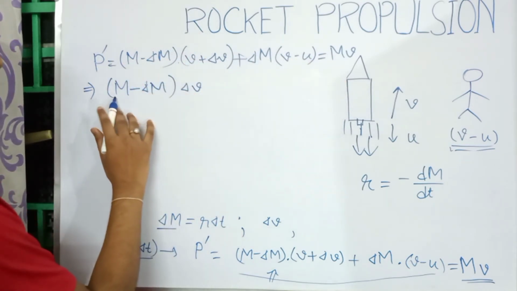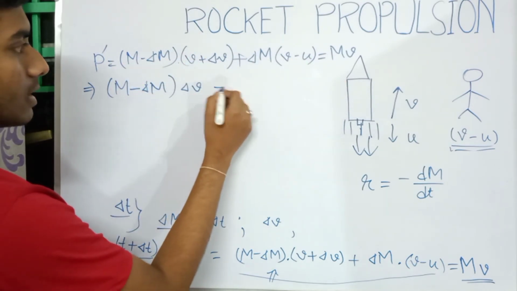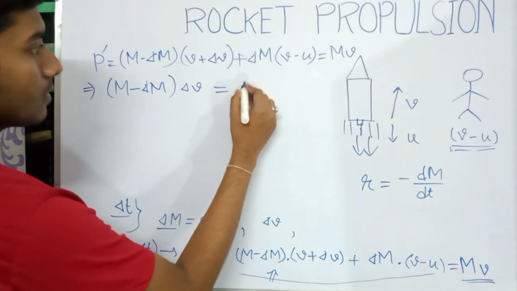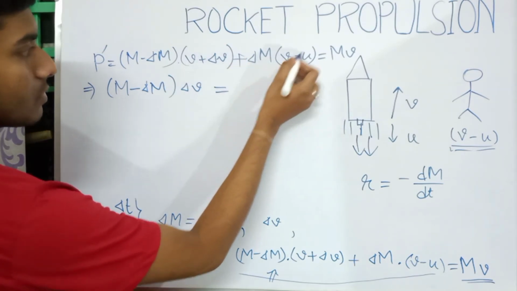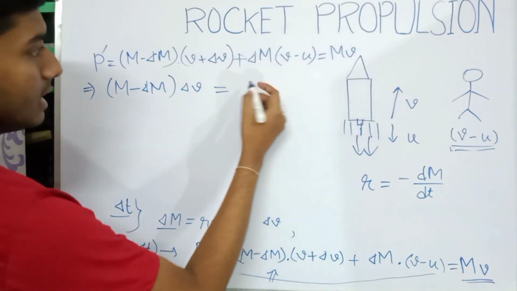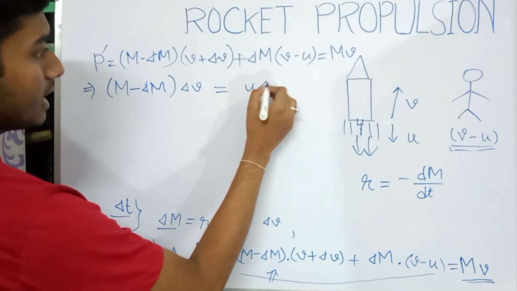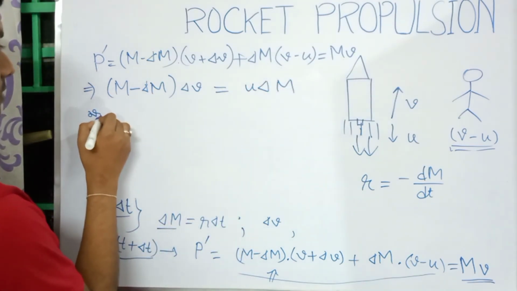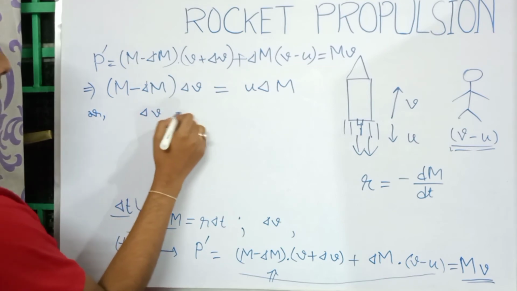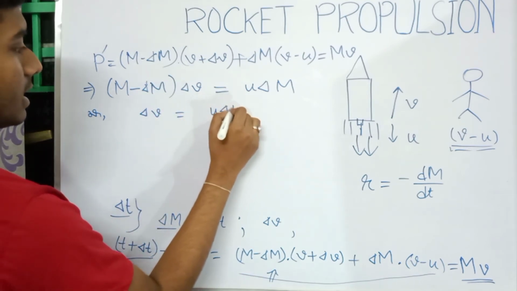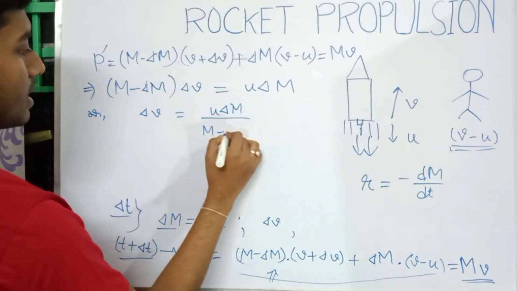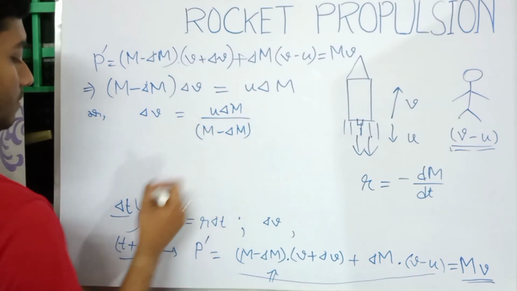So we get on this side u del m. So del v will be equal to u del m by m minus del m.